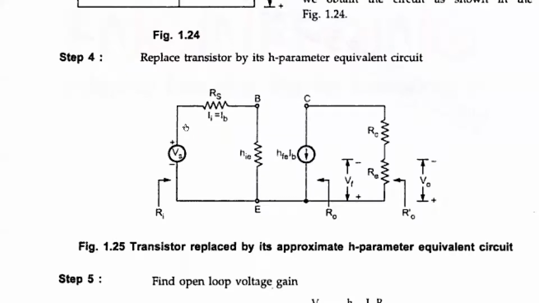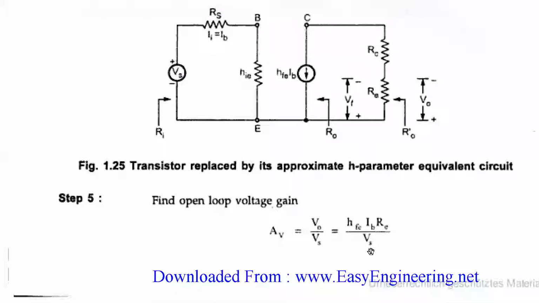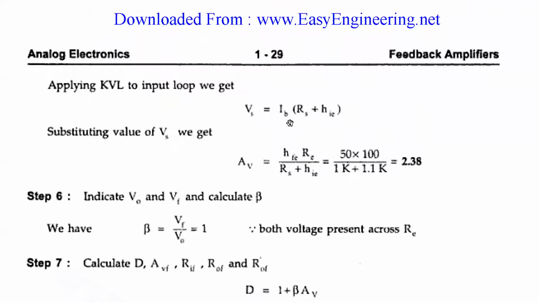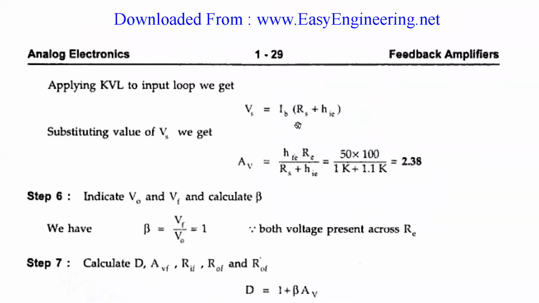So what will V0 by Vs be? The current here is IB, because it is the base. So Vs will be IB into Rs plus IB into hie. Taking IB common, Vs is IB into (Rs plus hie), same as the first unit. We have V0 in terms of IB and Vs also in terms of IB.